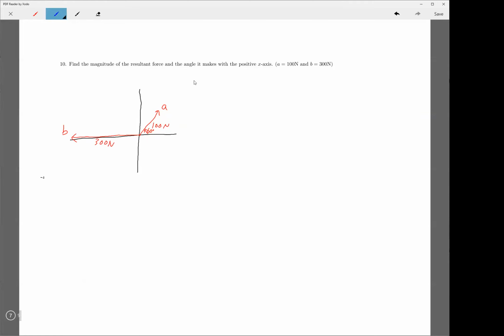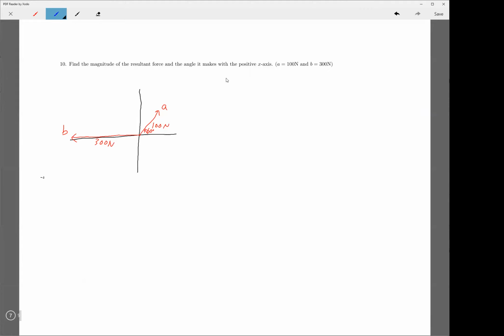In component form, though, they are easy. So you're going to break them up into component form and add them that way. This B one is not too bad to break up.